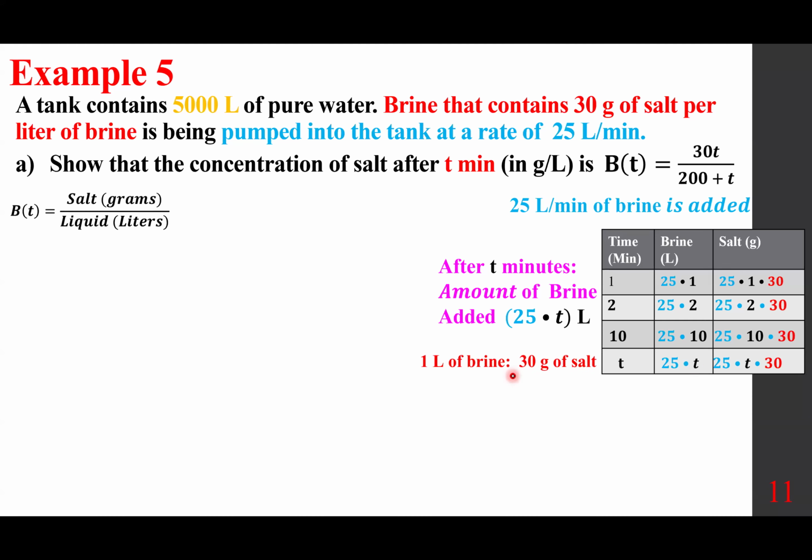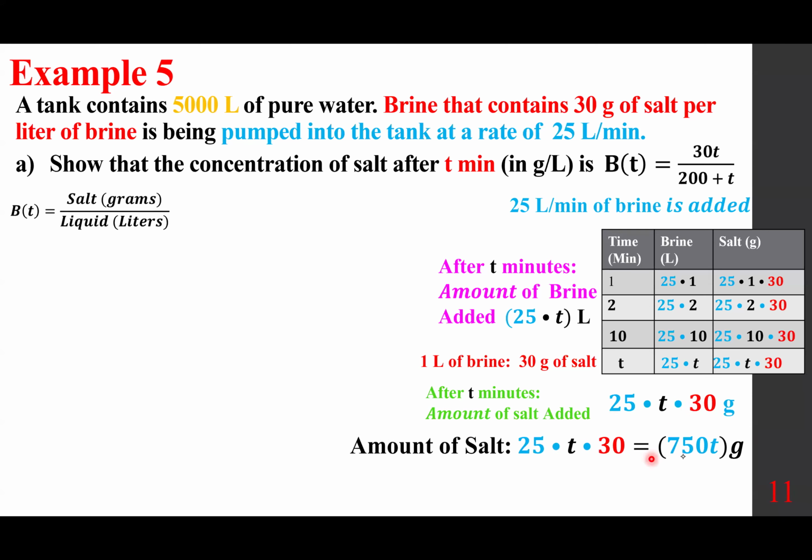Because 1 liter of brine gives us 30 grams of salt, after t minutes we have 25 times t times 30 grams of salt added. That's understanding exactly what's happening here. So the total amount of salt that is being added is 25 times 30, 750t grams.